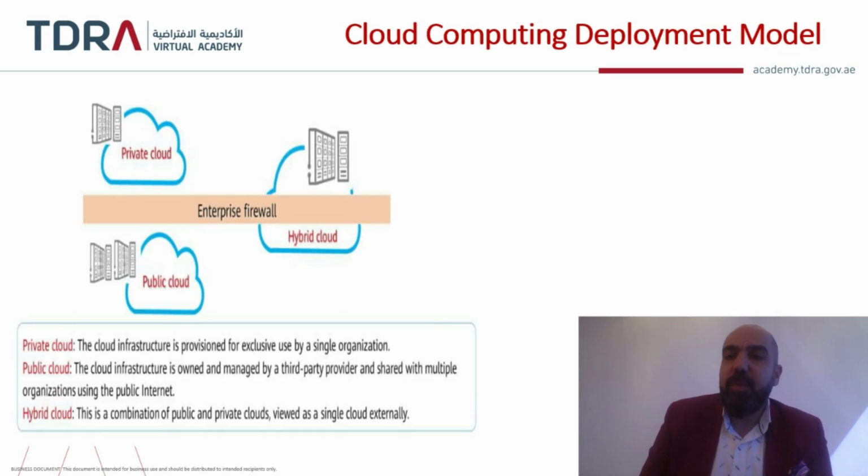So, what are the cloud computing deployment models? We have three main types: private cloud, public cloud, and hybrid cloud. Private cloud has another name, it's on-premise. On-premise means your traditional IT. You have a big data center, and you have your own cloud for that.